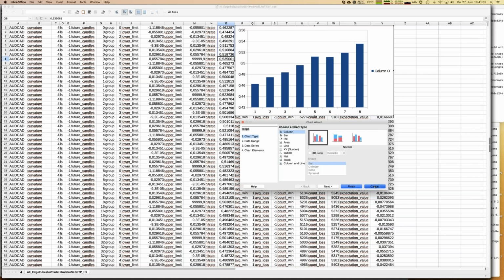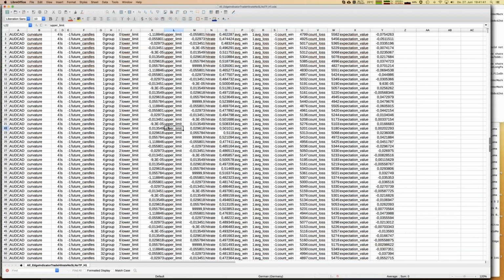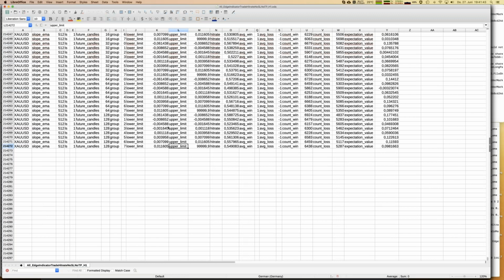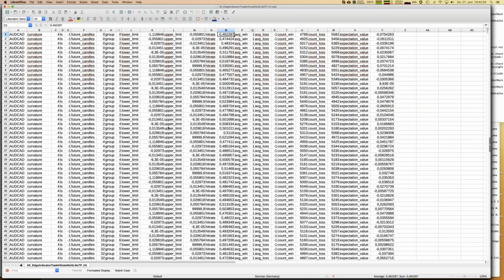But I have done this for, you see how many lines are within the Excel sheet? 214,000 lines, which means different indicator values, different kind of indicators, and always calculating the hit rate for a specific group. Hey, that's good. We have all the numbers in one table.